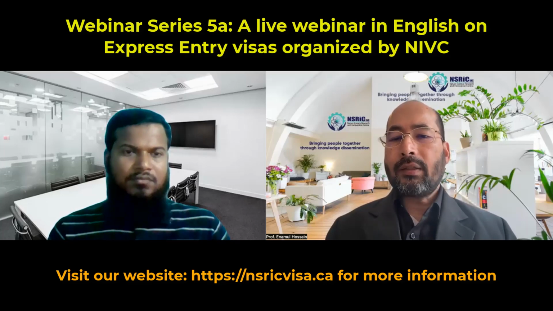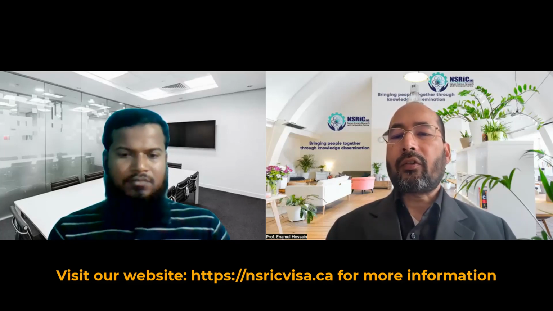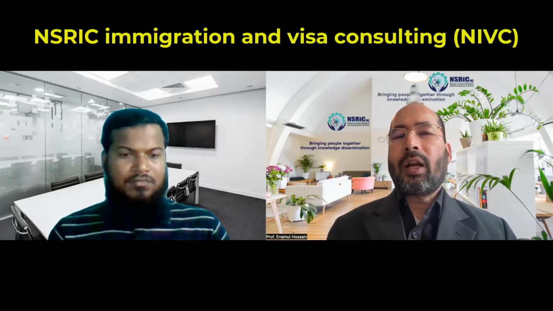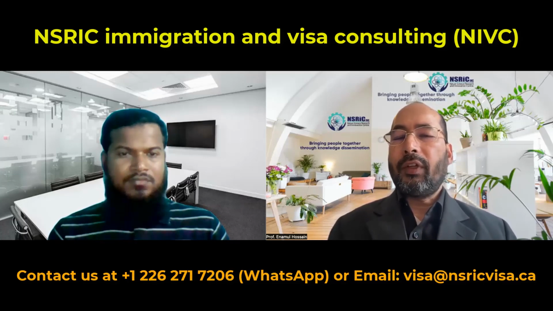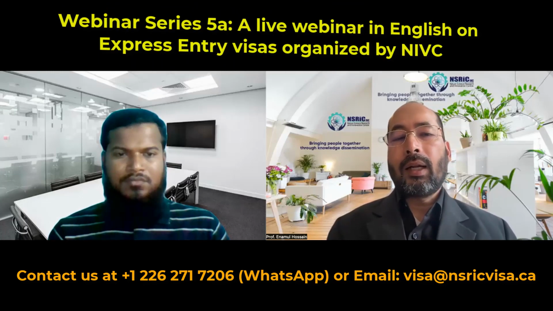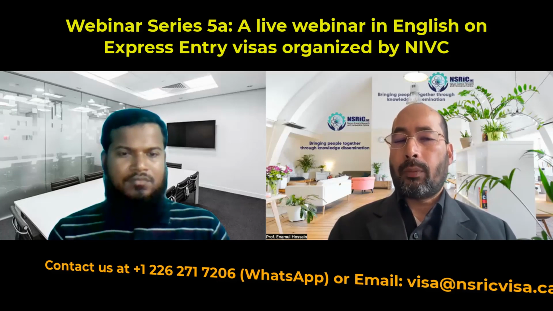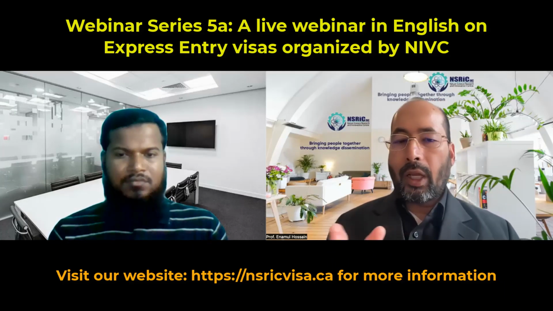The third one is called the Federal Skilled Trade Program, meaning these are the people who are qualified in skilled trade, meaning business, right? You are an entrepreneur, you have trading experience. So if you qualify, if you believe that you have that luxury, then you apply under the Express Entry visa, which is the category of Federal Skilled Trade Program. So these are the three categories.